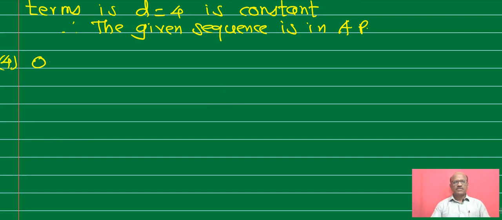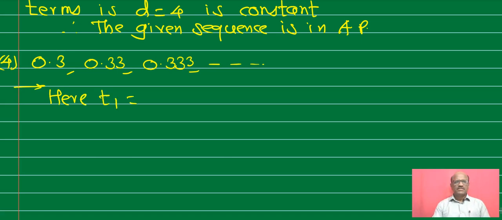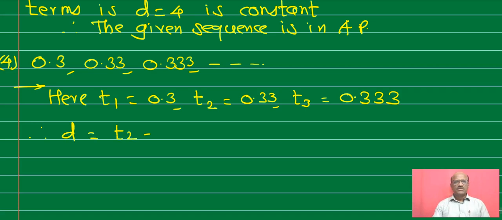Now next, number 4: 0.3, 0.33, 0.333 and so on. Now here T1 is 0.3, T2 is 0.33, T3 is 0.333. Now D is equal to T2 minus T1, that is 0.33 minus 0.3, that is 0.03.